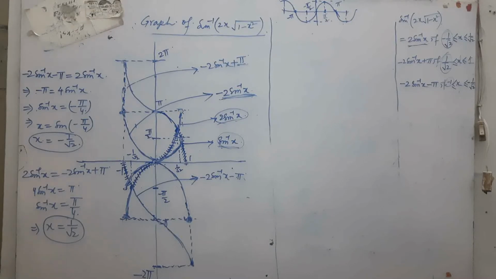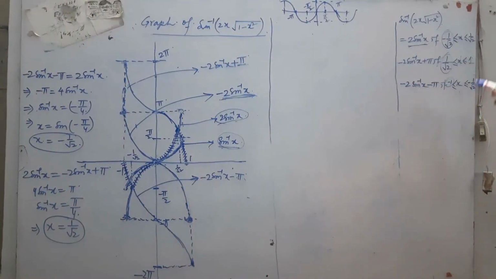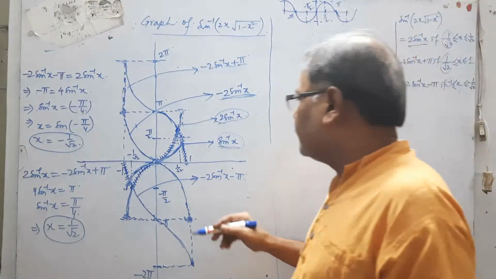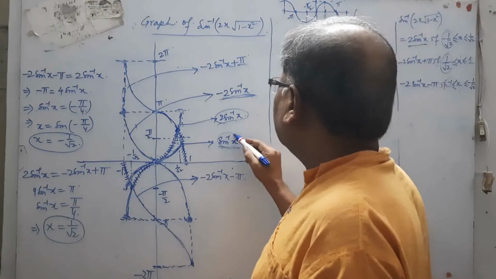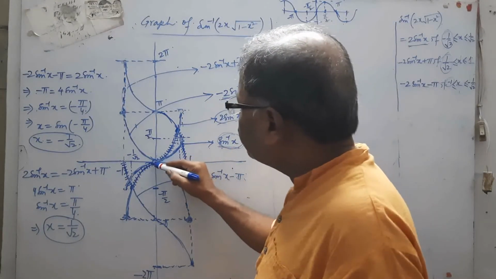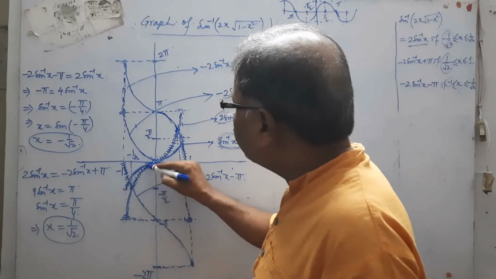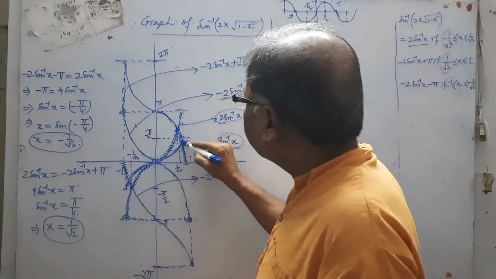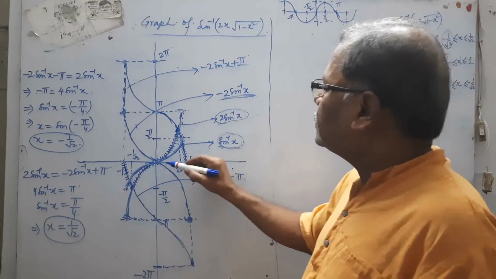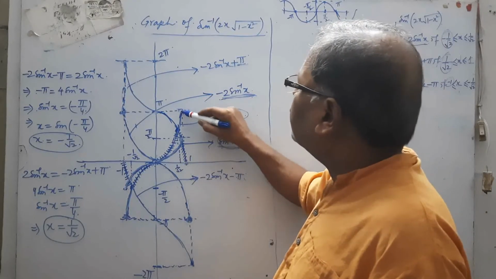Alright students, let me explain you the plotting of the graph for this particular information over here. First of all, you see sin inverse x is this particular curve. Means I am talking about this one. Alright. Now if 2 is multiplied to this sin inverse x, then this point will be shifted over here.